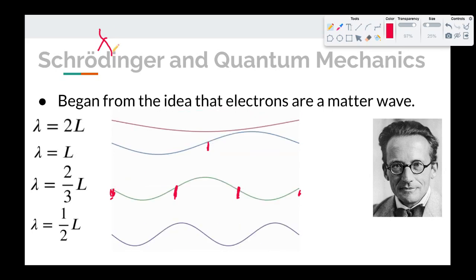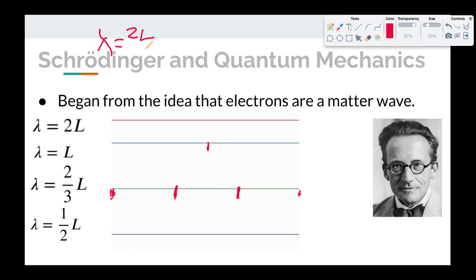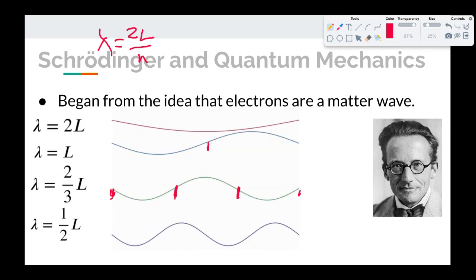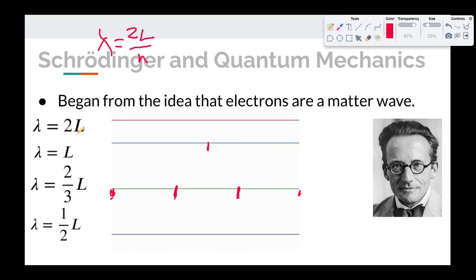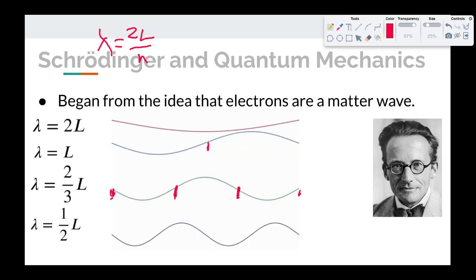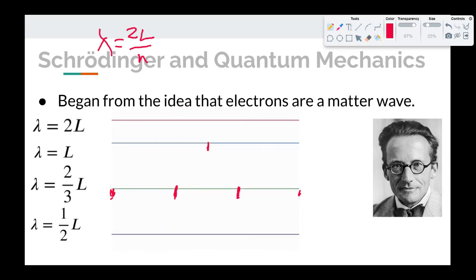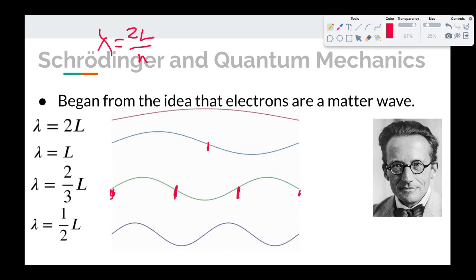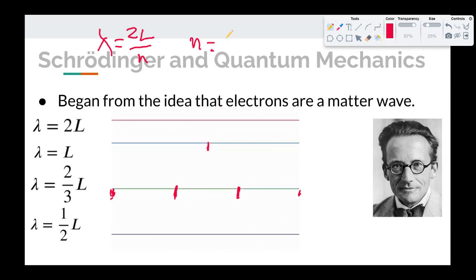You could say lambda is equal to 2L divided by N. So where L is the length of the string, lambda is the wavelength, N is a number that can be 1, like in the first one, 2L over 1 is 2L, or it could be 2 in the second one, 2L over 2 is L, or it could be 3 in the third one, 2L over 3 is 2/3 L, or it could be 4 in the fourth one, or it could be 5, 6, 7, 8, but it has to be a number that starts at 1 and goes up by whole numbers.